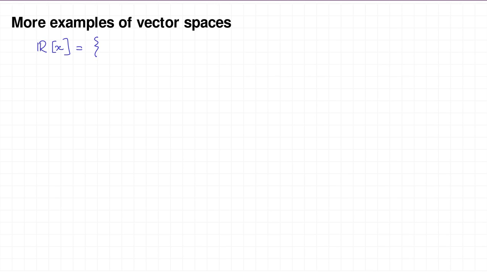So that means it's the set a0 plus a1x plus, and so on up to anx to the n for some n greater than or equal to 0, and some real numbers a0 up to an in R.